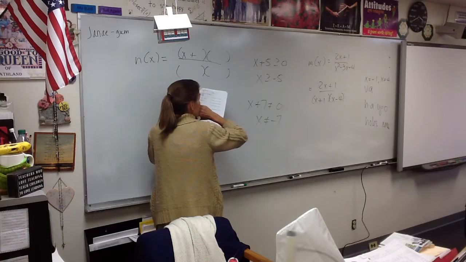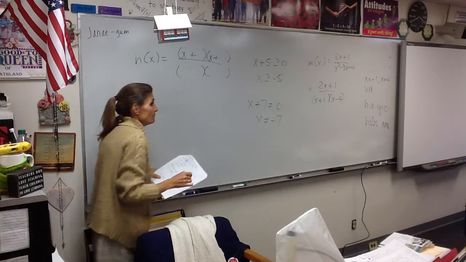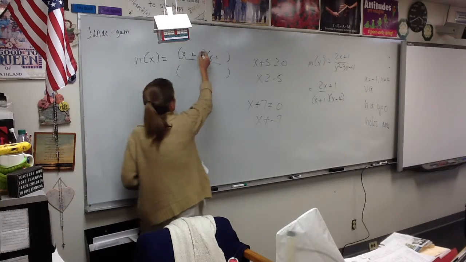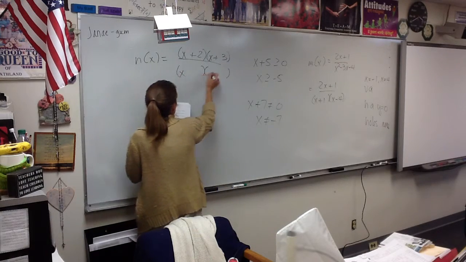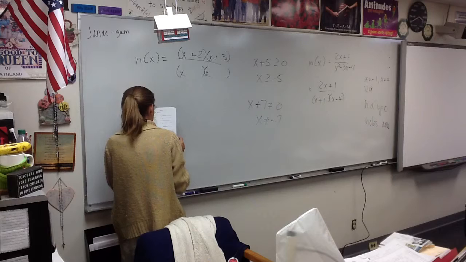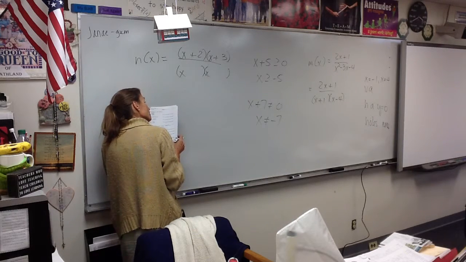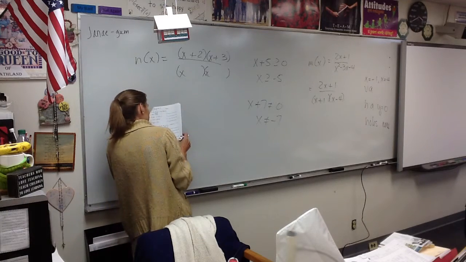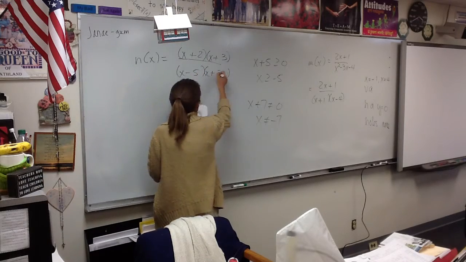Everything's positive, so it's going to have to be plus and plus. And let's see, it's a 6. 2 and 3. And how about the bottom, John? Minus 5 plus 3. Perfect.